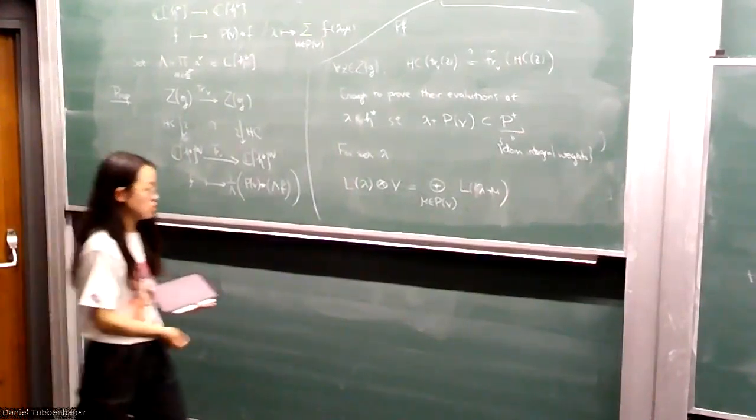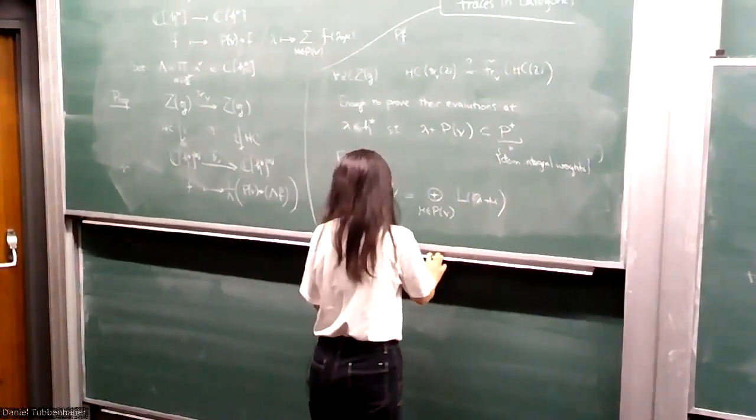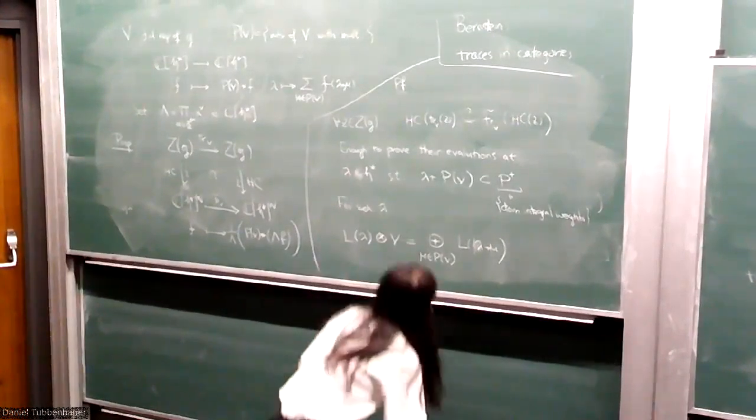All these are finite dimensional semi-simple representations, and we use the character formula to check this.